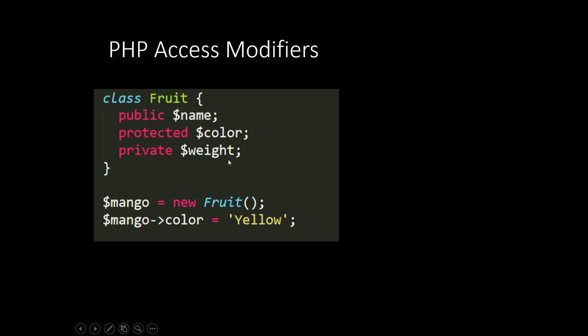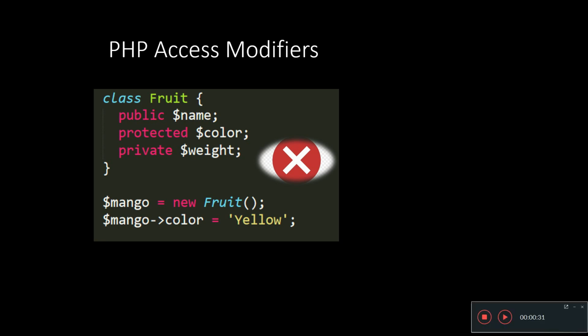If we want to access the color property, that is protected, through this object mango and name it yellow, then you will see that it shows me the error. So the protected method or property can only be accessed within the class and all the classes that are derived from that class. So this program gives me the error.